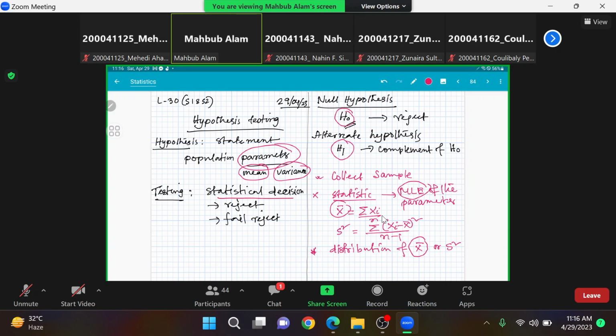As we discussed in the first class, the statistical decision is based on three things: either a critical value, a critical point or critical region, or a defined significance level, or the p-value. All these three terms have been defined in the last class.